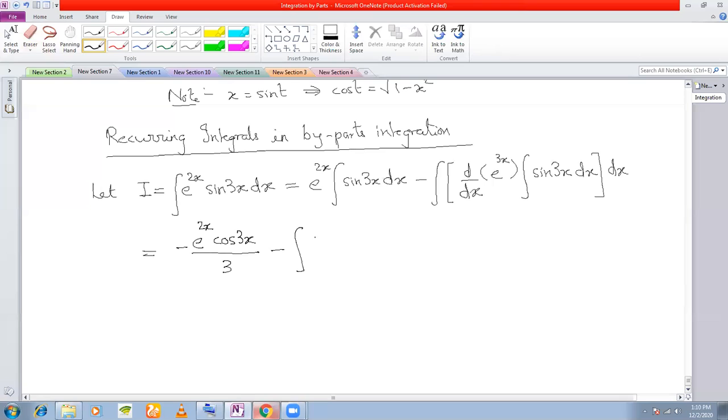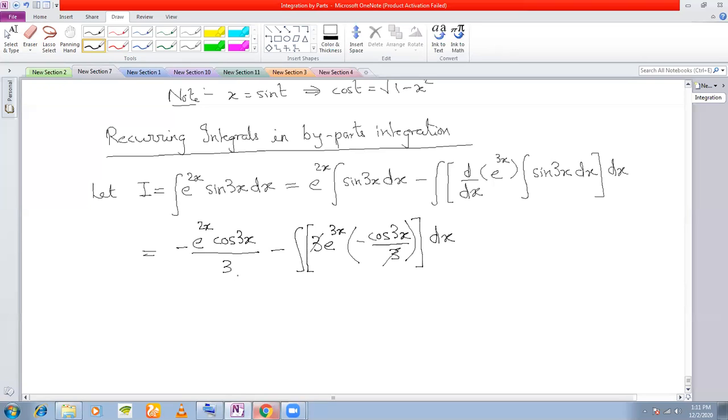The derivative of e to the power of 3x is 3 e to the power of 3x, into the integral of sine 3x. Sine 3x, what is the integral? Minus cos 3x by 3, right? dx. Now what happens?